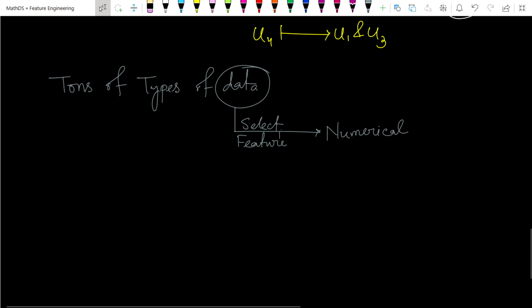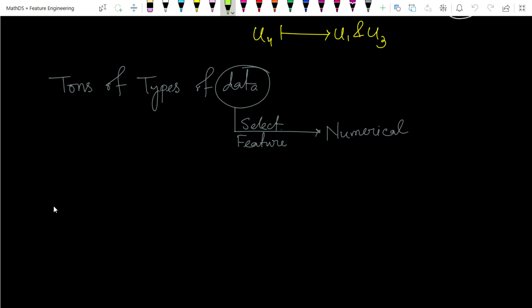But the key point of this chapter is that we will learn featureizations, how to featureize this kind of data.